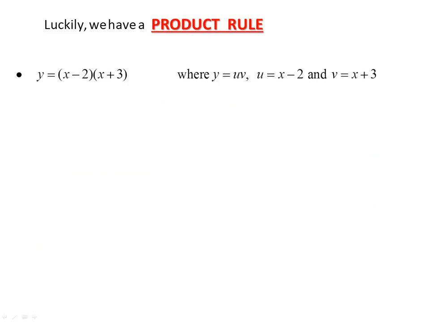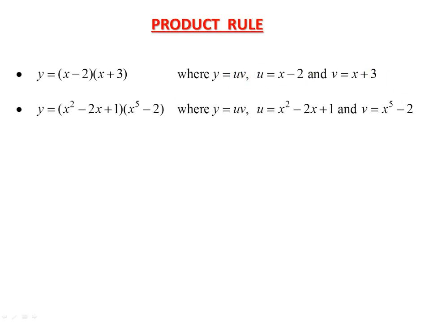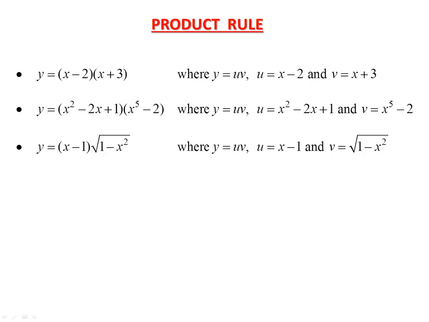There we are. y equals (x minus 2) times (x plus 3). Bracket times bracket. y equals uv, where u is the first bracket, v is the second bracket. Bracket, well, you may not realize, but that's also a bracket, the square root sign.